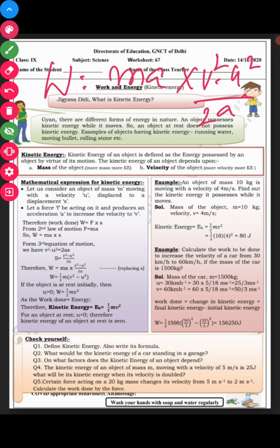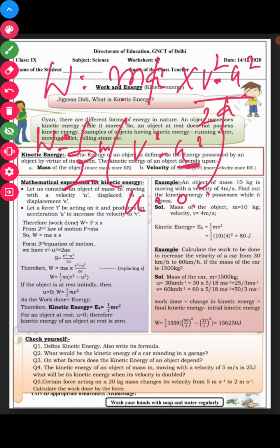If we put the value of s in this equation and solve it, this a cancels out, and we have half m (v square minus u square). If we consider the object is at rest, the initial velocity will be 0, so u is equal to 0.